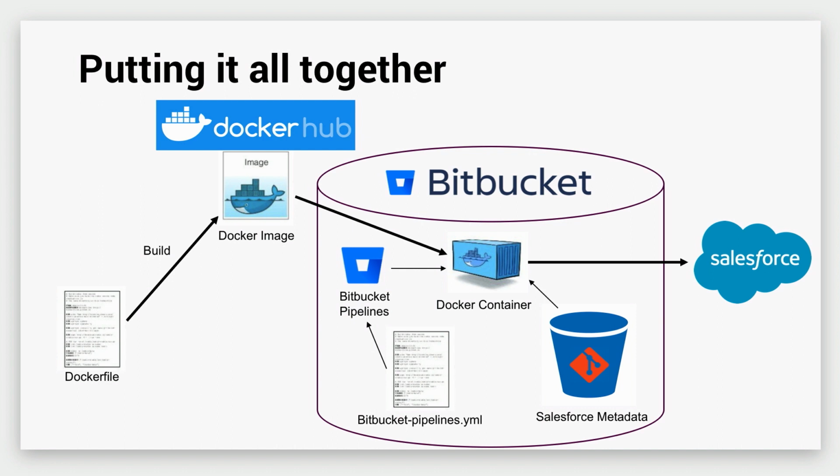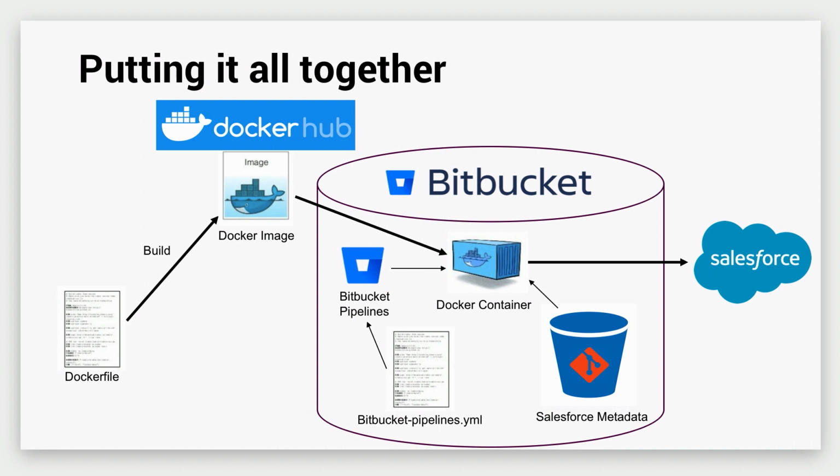So, putting it all together, you've got a Dockerfile. You use that to create a Docker image that you can host, for example, on DockerHub. And then in Bitbucket, you can use Bitbucket Pipelines, which is a built-in CI/CD tool for Bitbucket. It reads this bitbucket-pipelines.yml file, which is the configuration file that tells it what to do.